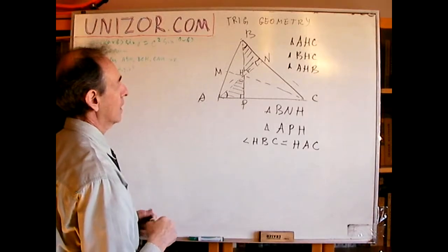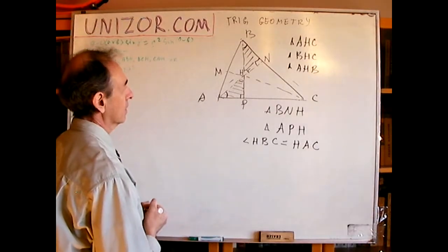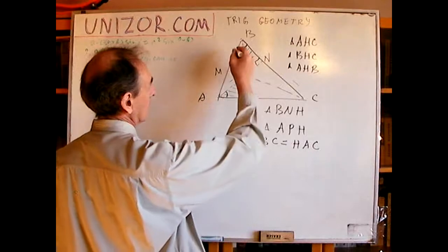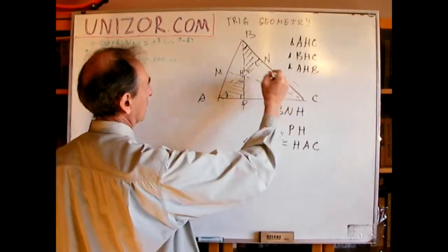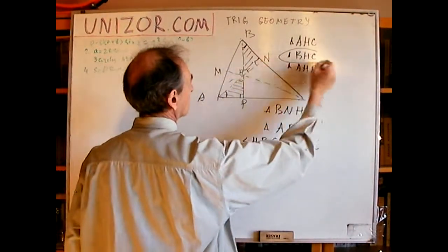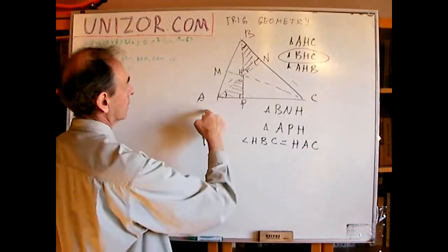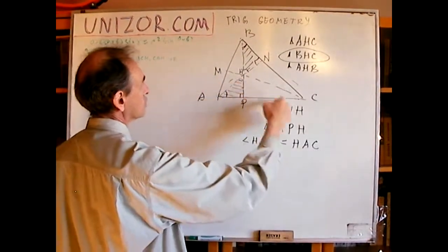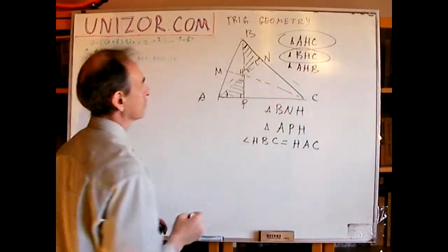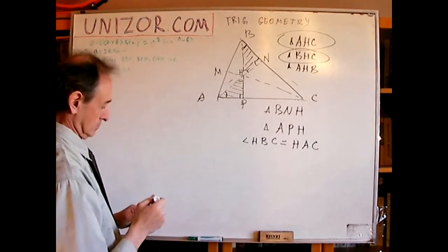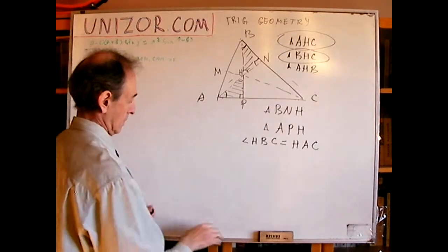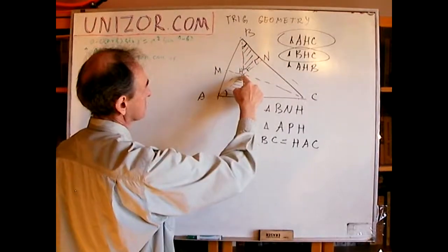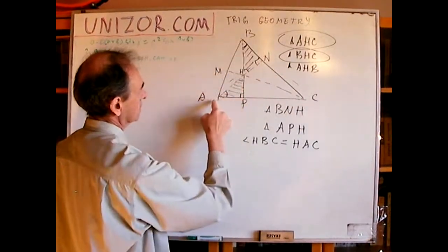Now, let's consider a triangle BHC, this one, and triangle AHC, this one. These two triangles, this and this.